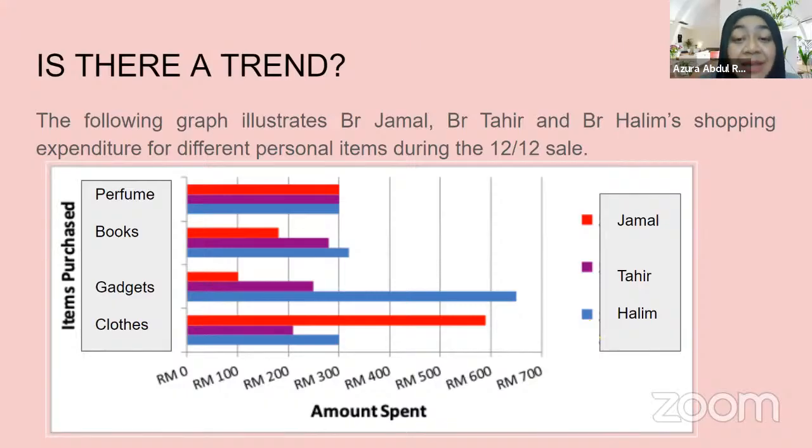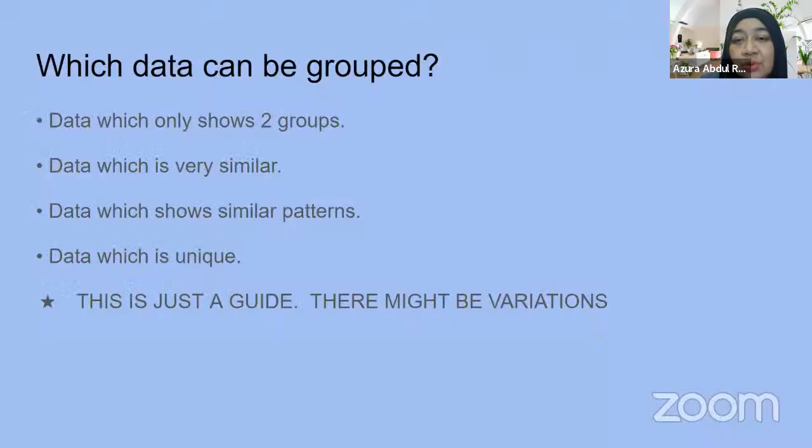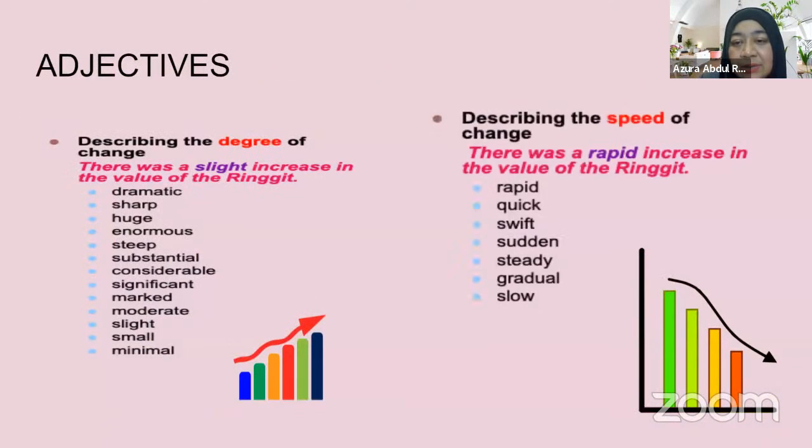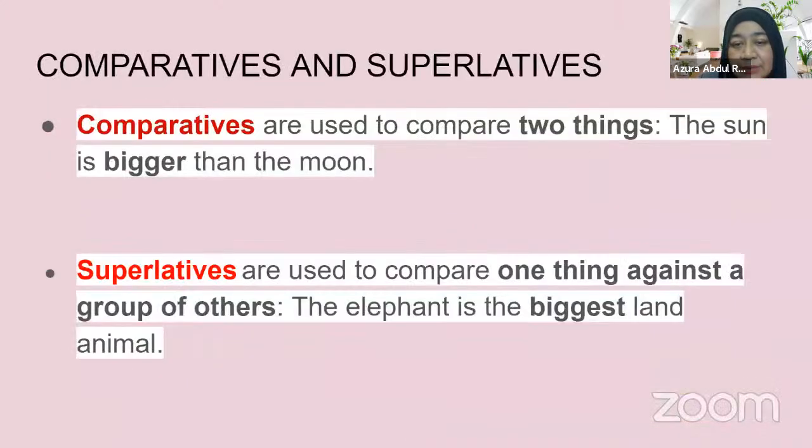You can say that the amount spent on gadgets was approximately double the amount he spent on books. Okay, so it creates that variety in vocabulary and it makes your data analysis much more interesting to read, and it shows that you have control over your language. Okay, hold on. Let us get back to that.